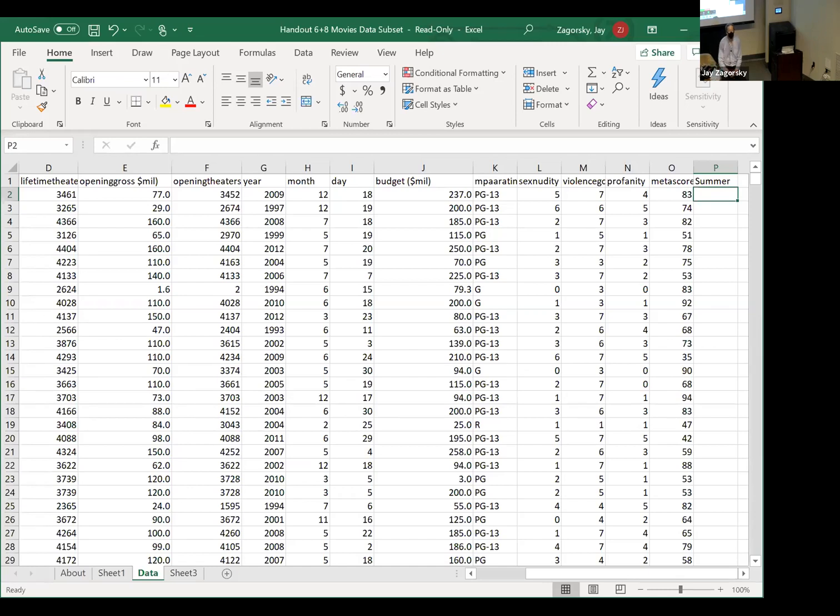Some of you are very fast in Excel. If you're very fast in Excel, can you come up with 2 different if statements that do the exact same thing?